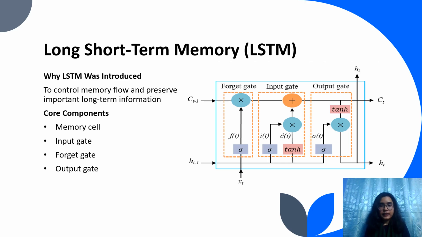As we can see in the figure, we have the forget gate, input gate, and output gate. We can think of LSTM like a smart notebook. It keeps important notes and erases irrelevant ones. This design allows LSTM to handle long-term dependencies much better than a simple RNN.